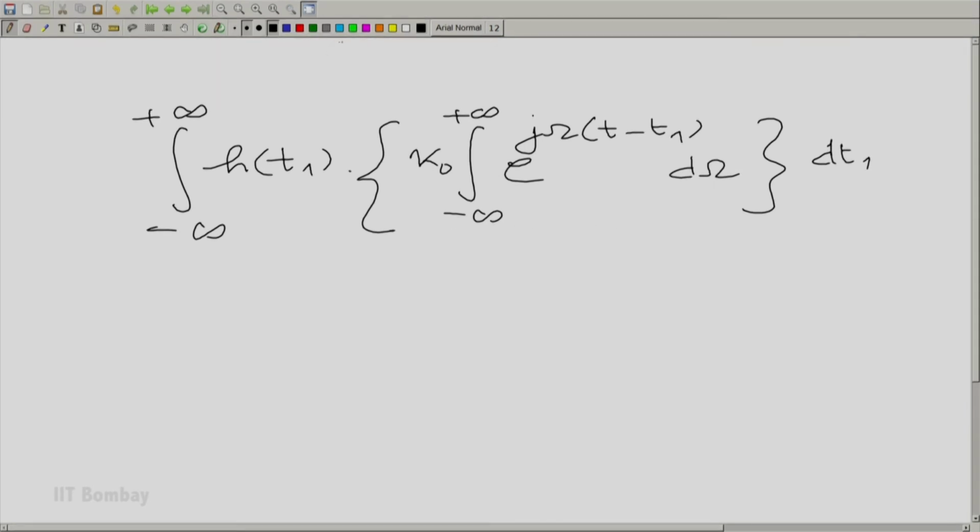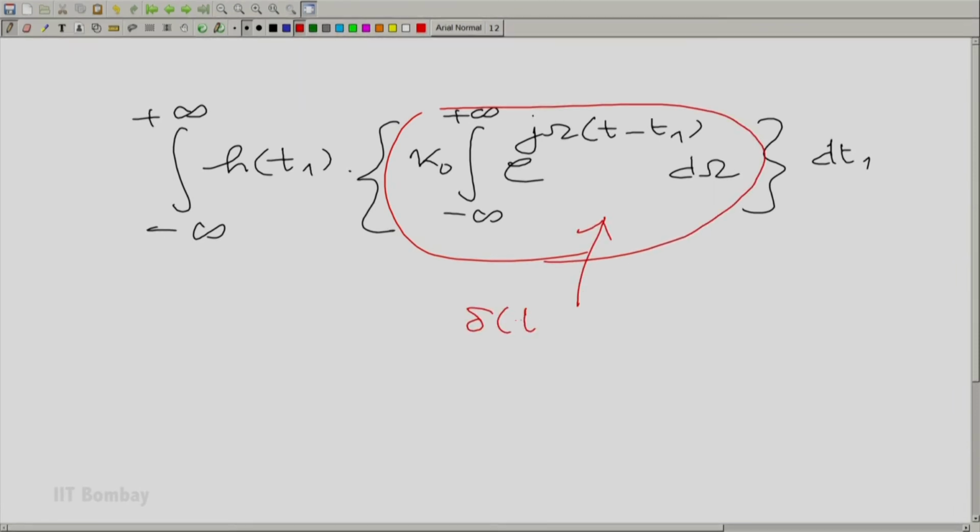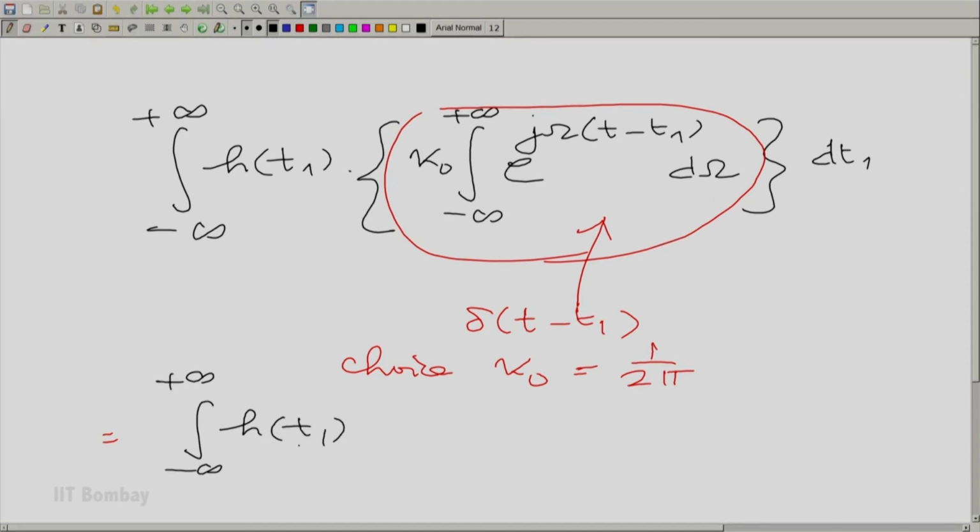This whole thing has been replaced by delta t minus t1 with a choice of kappa 0 equal to 1 by 2 pi, and therefore you would get integral minus to plus infinity h t1 into delta t minus t1 dt1, which is simply h of t.